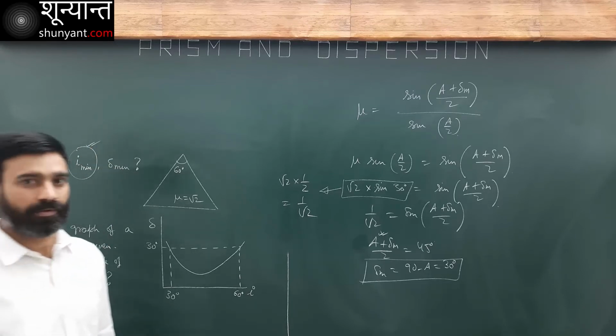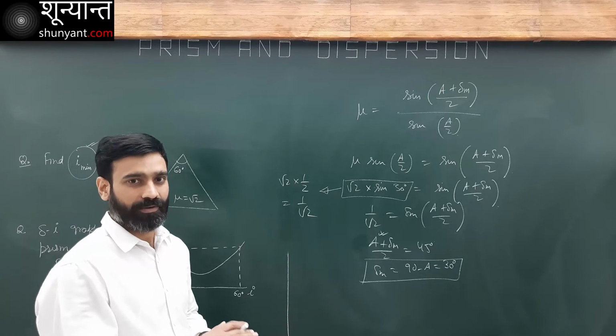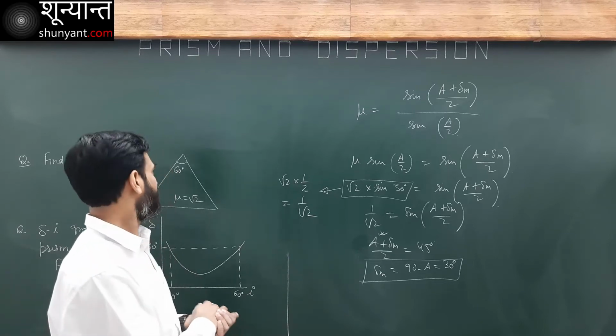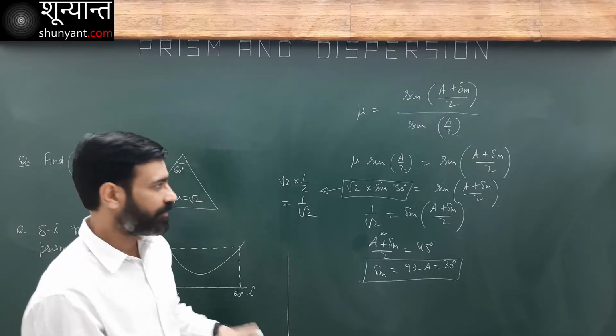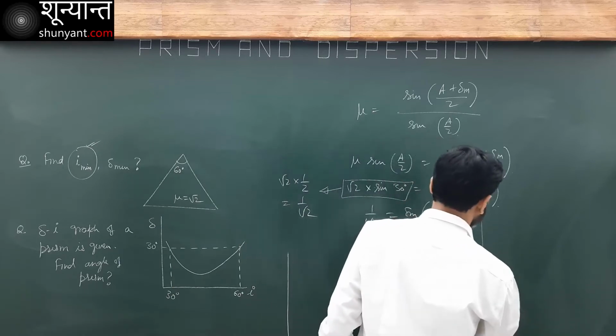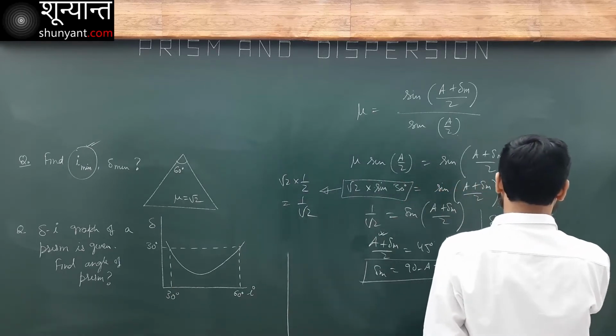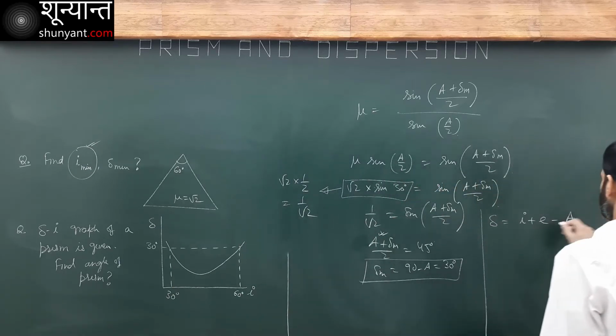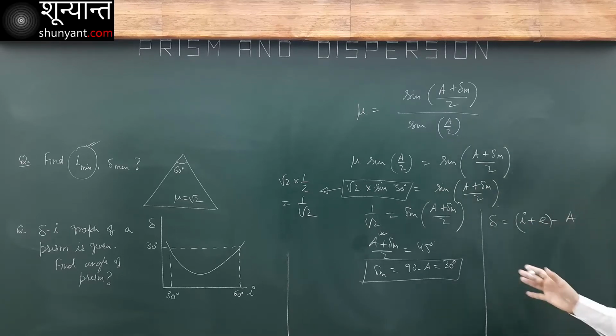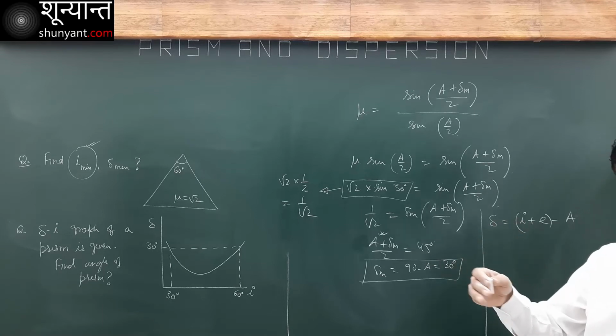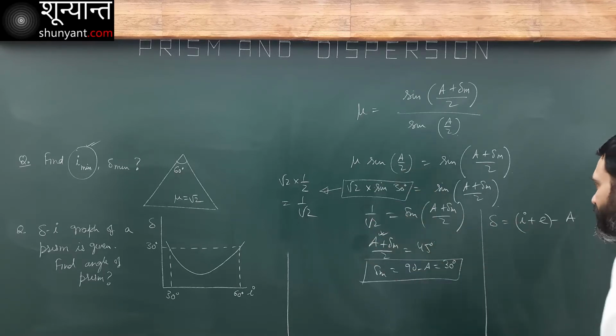I minimum. Okay. How do I find it out? What is I minimum? We have several ways of doing this. Delta is equal to I plus E minus A. General thing, in any case, we get this just using simple geometry. We did it in the beginning itself.